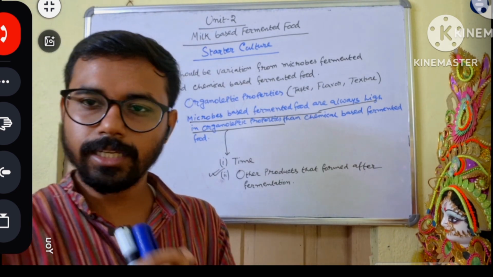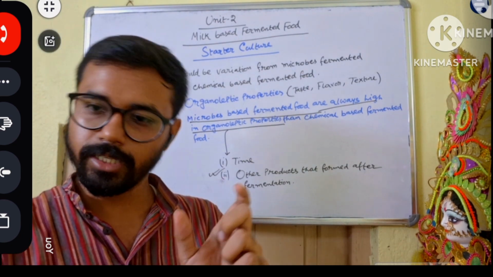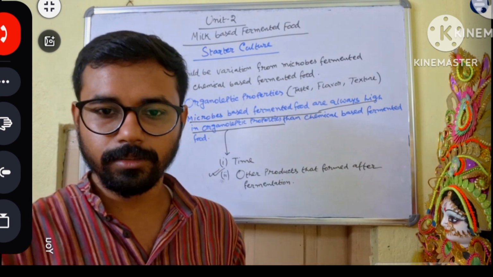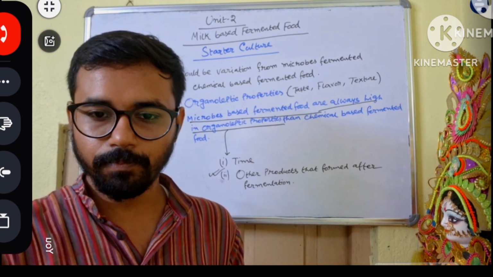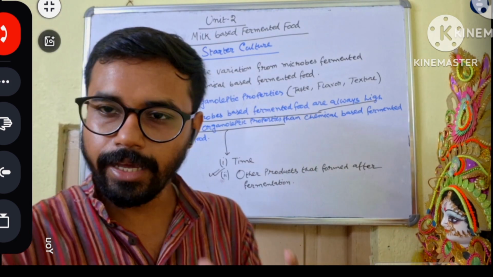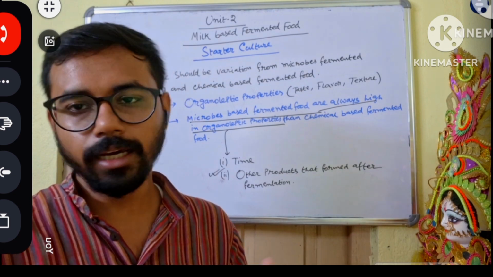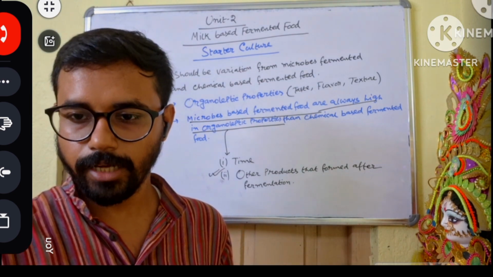Various kinds of products are there, but in lower concentration. The major quantity is lactic acid, that's for sure. But the other products make the fermented food product better, enhance the texture, enhance the flavor, and enrich the overall organoleptic properties, right?